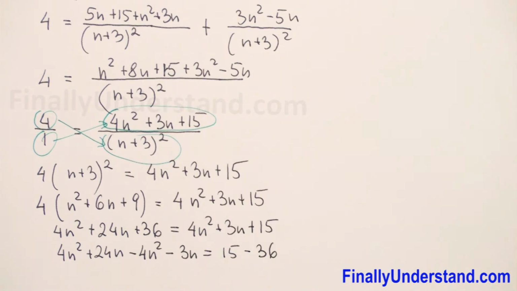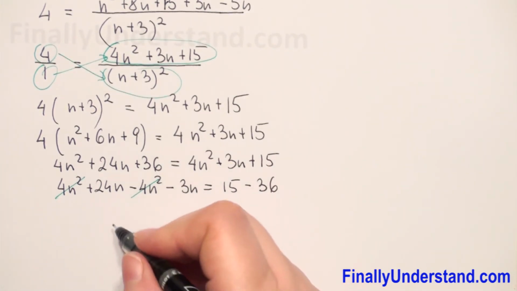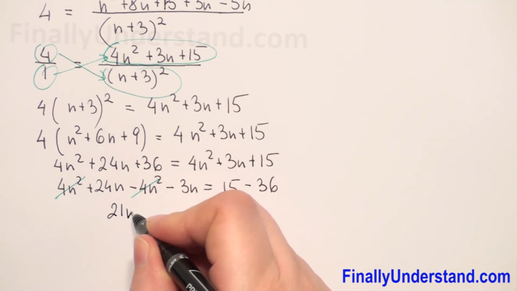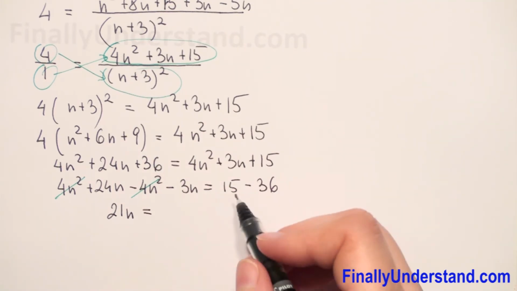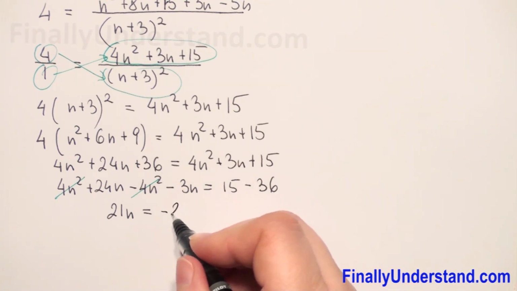Now we see that we have 4n squared and negative 4n squared, so we can reduce. And we have 24n minus 3n is 21n. This is equal to 15 minus 36, which is negative 21.